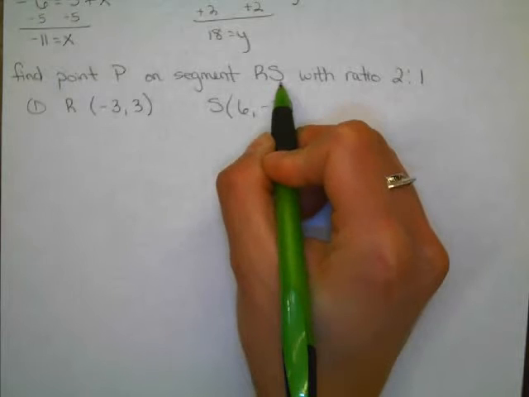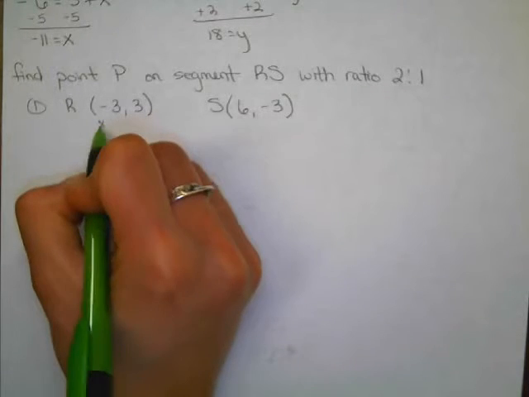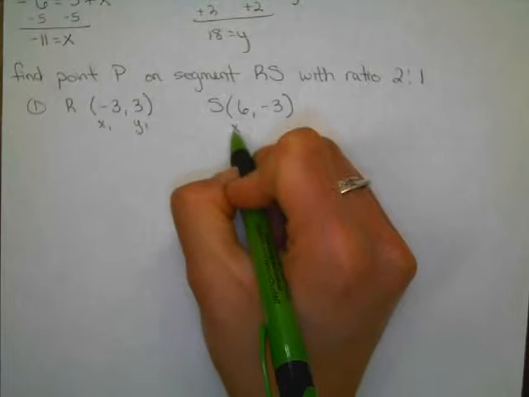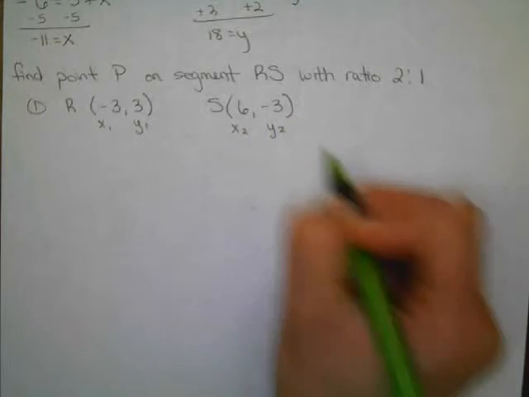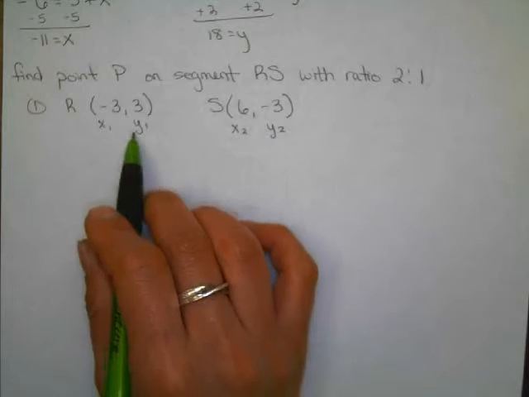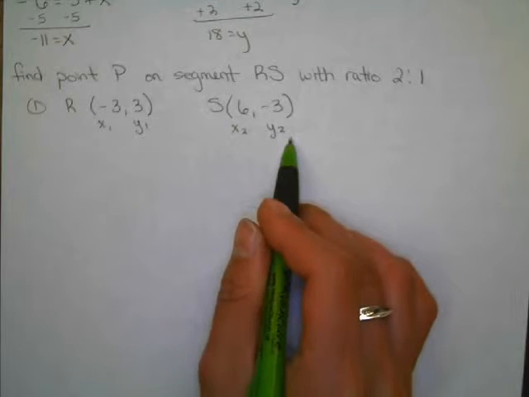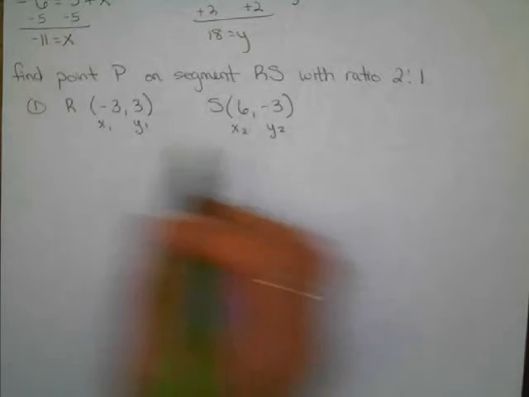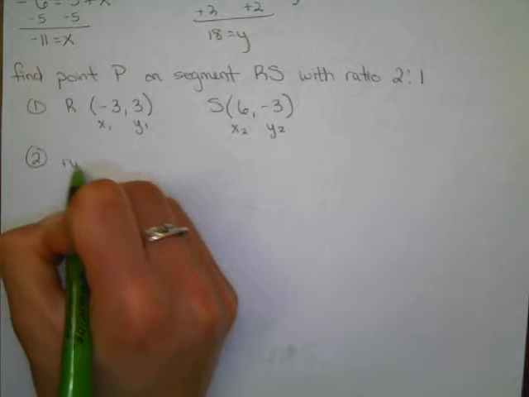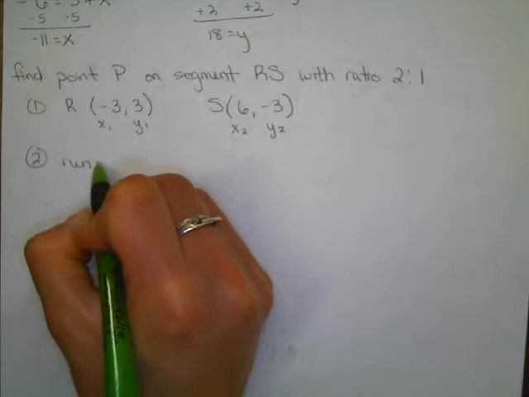Well, if we're going from R to S, then my x1 is going to be R, and my y1 is also the R, whereas S is going to be my x2 and my y2. So that's my first step. Label your x1, y1, and your x2, y2. The next step is to find the run and the rise. If you remember, the run is your x values.